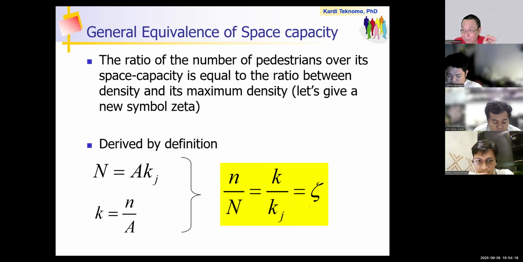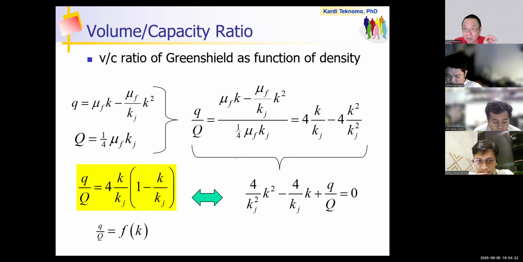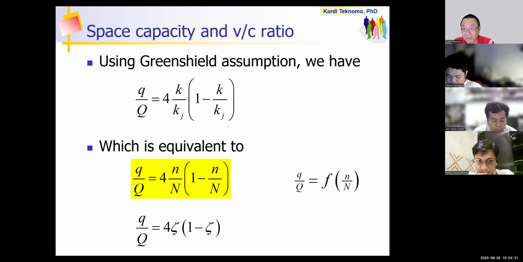Say I will keep a new symbol here, zeta. From there we can derive the volume per capacity ratio and then connect it to zeta.